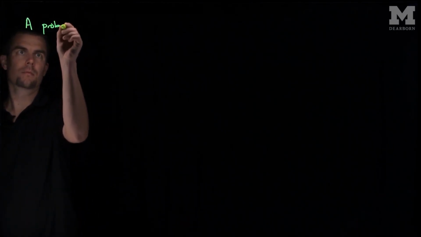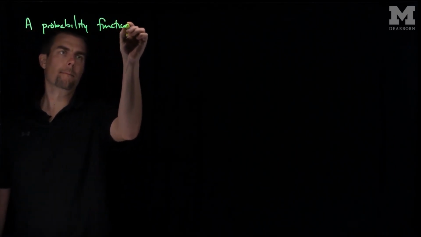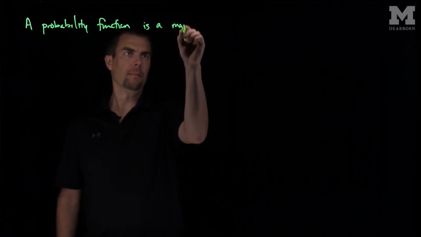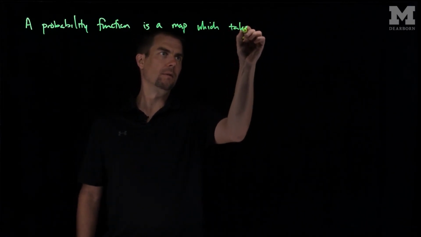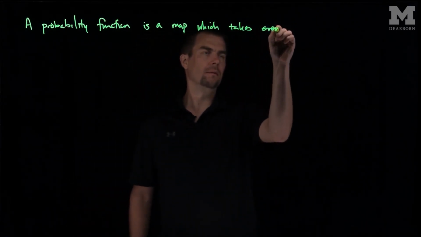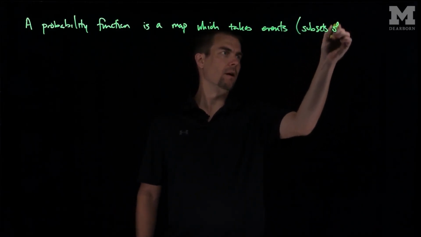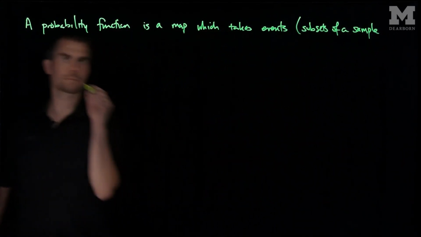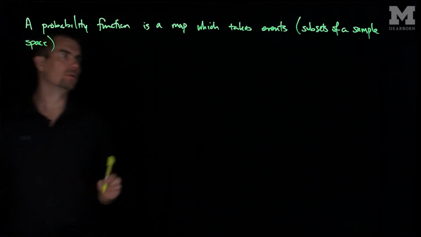A probability function is a map which takes events, and events are subsets of a sample space, so that is the input.